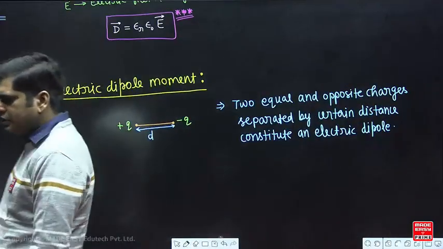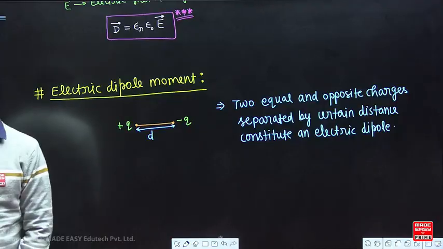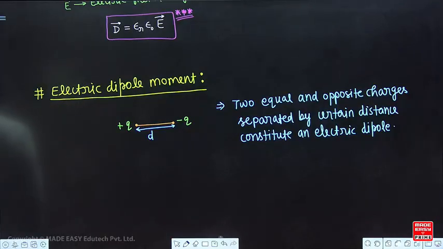Two equal and opposite charges separated by certain distance constitute an electric dipole.